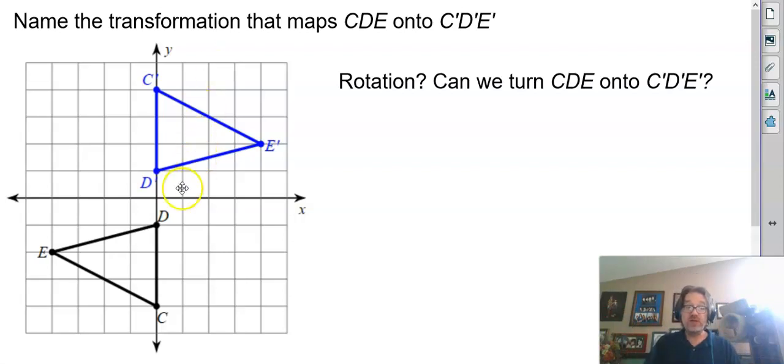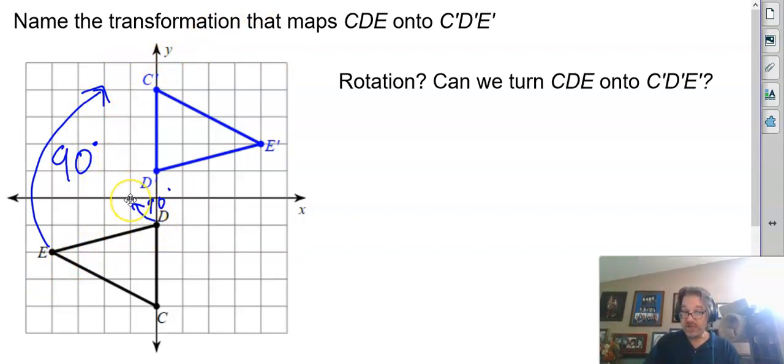So we need to figure out how much we are going to turn CDE to get it onto C prime, D prime, E prime. Well, if we turn it 90 degrees clockwise, E will go one quadrant up. I'm down here in quadrant number 3. A 90 degrees clockwise turn will take it up to quadrant 2. Well, we're not in quadrant 2. Same with the D, by the way.